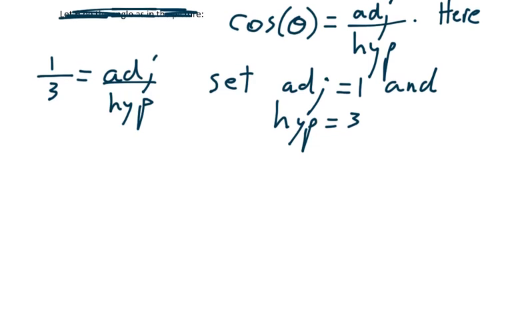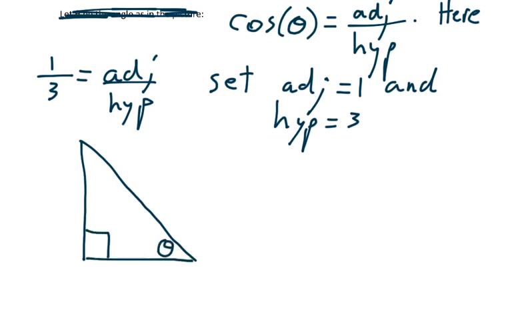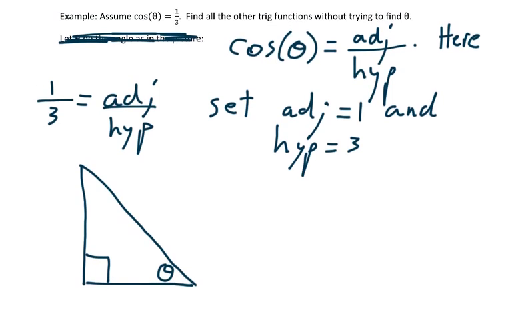In other words, we want a right triangle where cosine of theta equals 1 over 3. So here's a right triangle like that. I want to set the adjacent side to be 1. The hypotenuse, I want it to be 3. The opposite side, we don't know. So here is a right triangle where cosine of theta is 1 over 3.